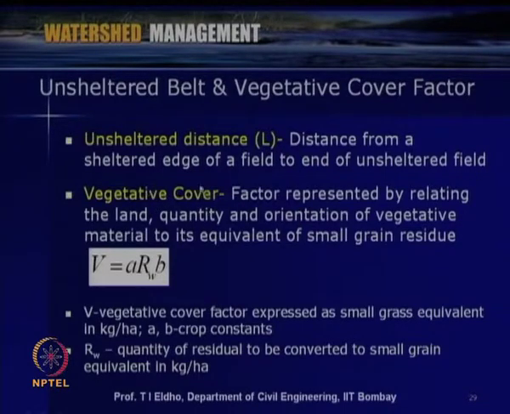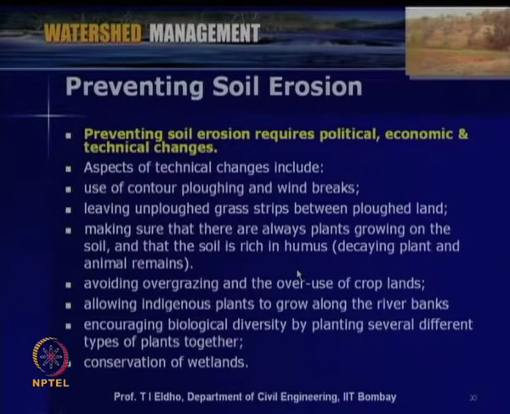Then we can identify this vegetative cover as a factor represented by relating the quantity and orientation of vegetative material to its equivalent of small grains residue as given by V is equal to A into RW into B, where V is the vegetative cover factor expressed as small grain equivalent, then A and B are crop constants, and RW is the quantity of residue to be converted to small grain equivalent. So, like this various parameters can be determined, and then we can calculate the wind erosion.